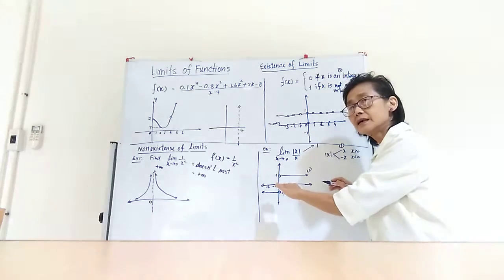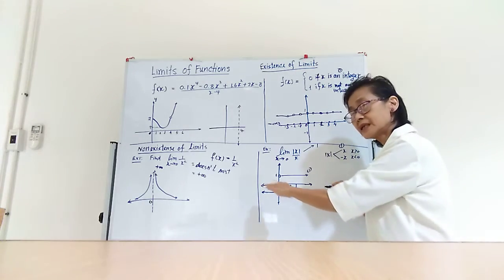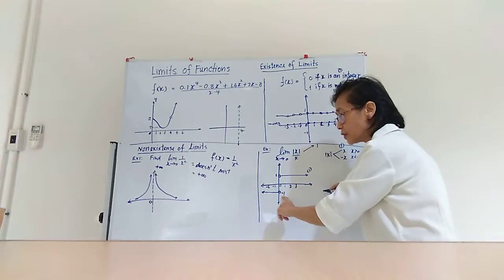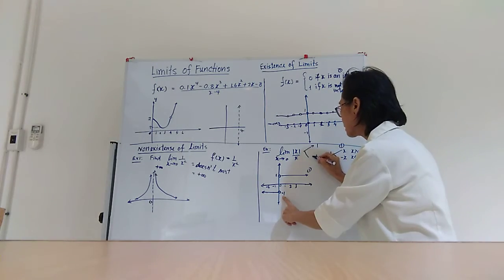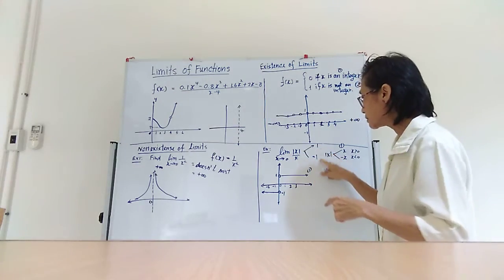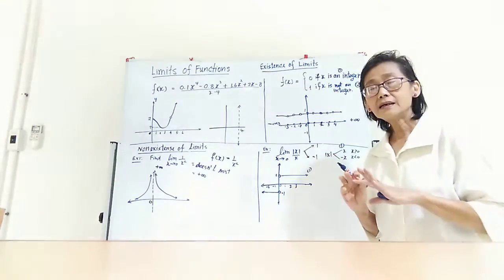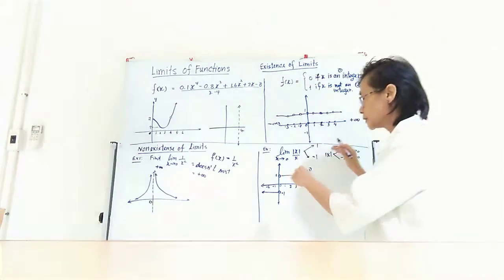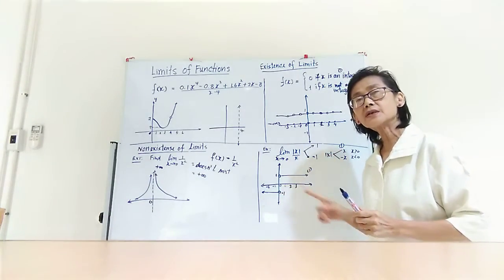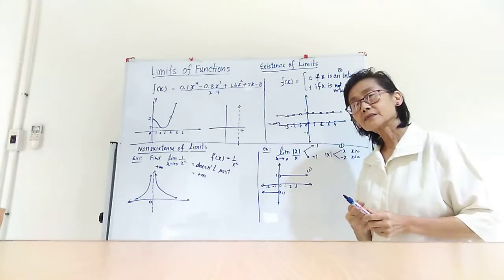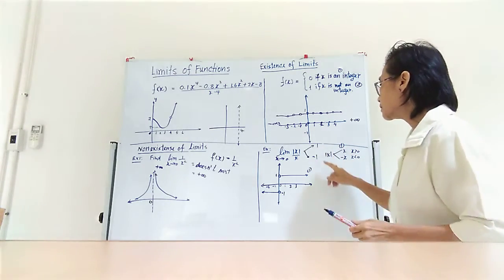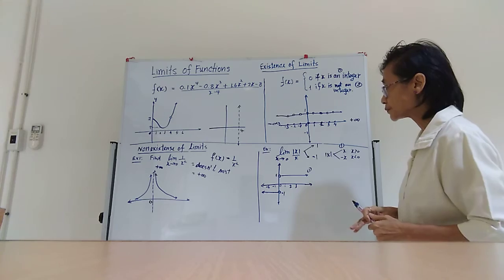And then from the left hand limit, when approaching closer to 0, your y is negative 1. So the two sides of the limit are not equal. When you take both sides, the value of absolute x over x when x approaches 0 doesn't exist, because they're not equal, from the left and from the right.